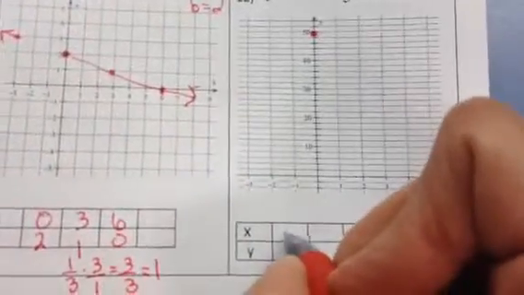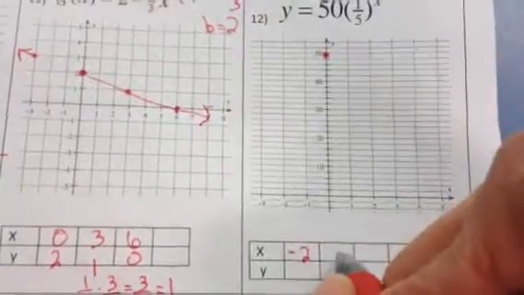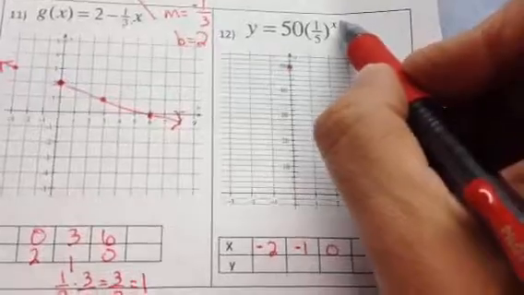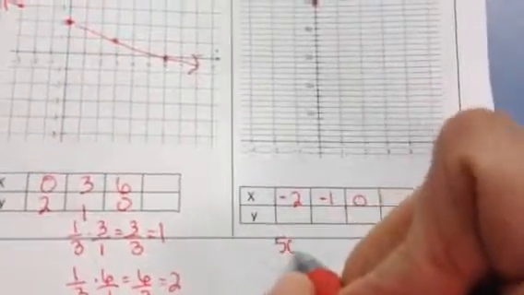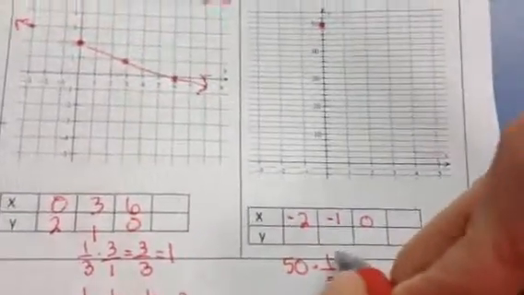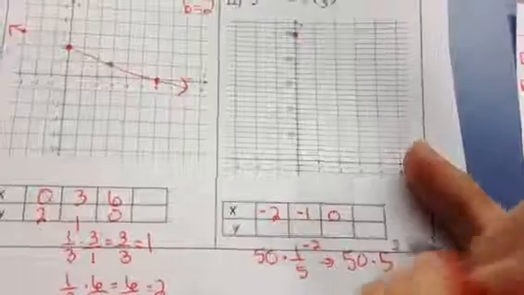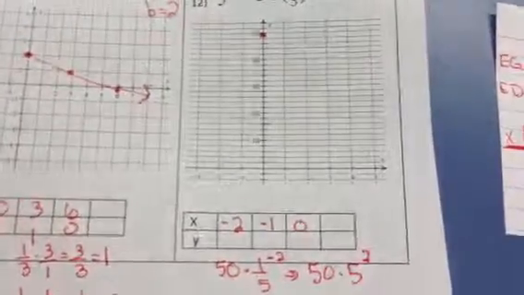So I'm going to go in order, negative 2, negative 1, and 0. And the reason why, again, is if I put negative 2 in here, what the negative is going to do is flip it so it's 5 and 5 squared. So when I do 5 squared, that's 25.